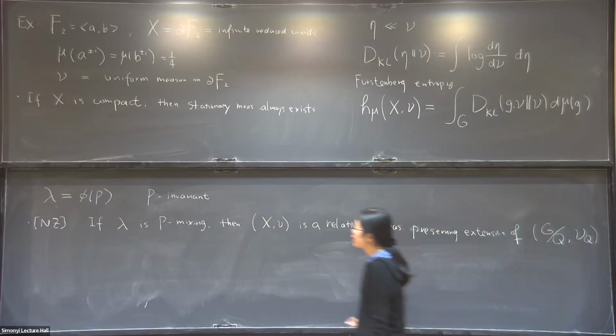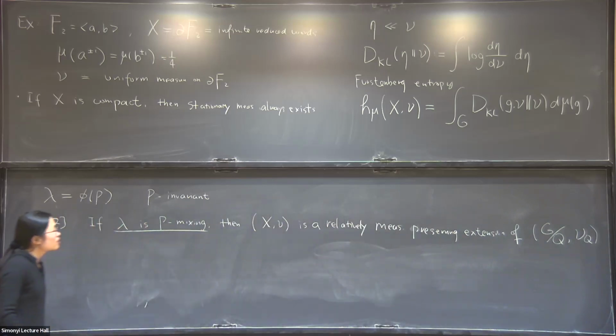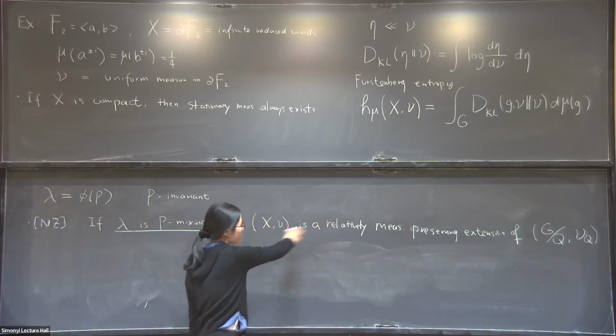In particular, if you add in this additional assumption, then you only see the entropy numbers coming from these G mod Q's, right? That's because it's a relative measure preserving extension.